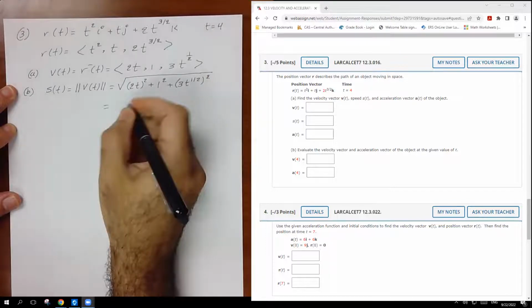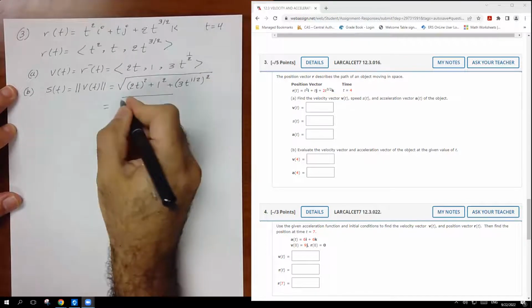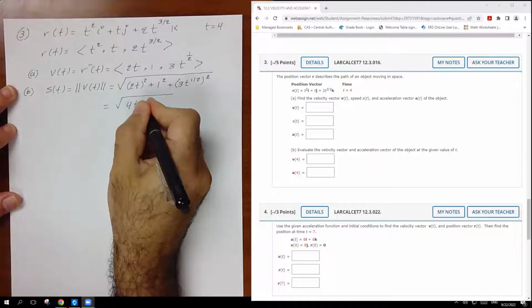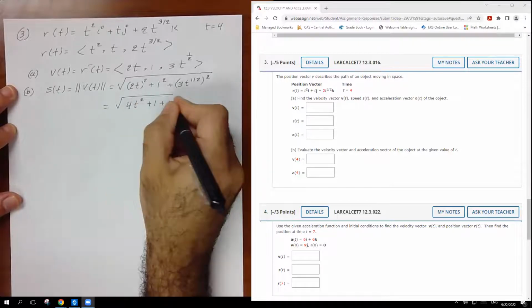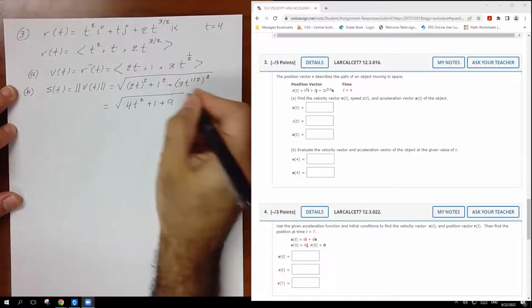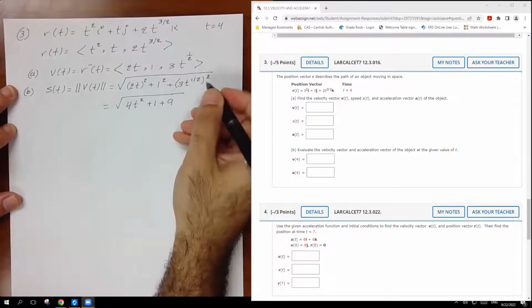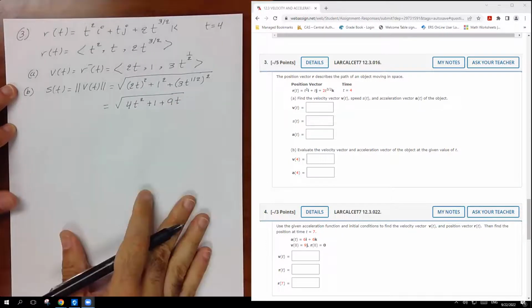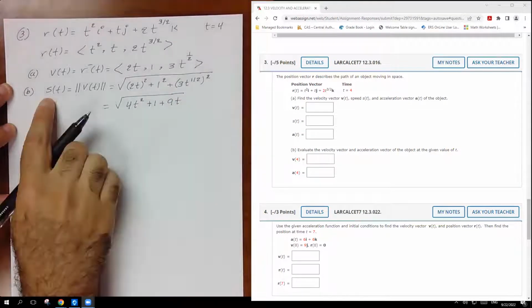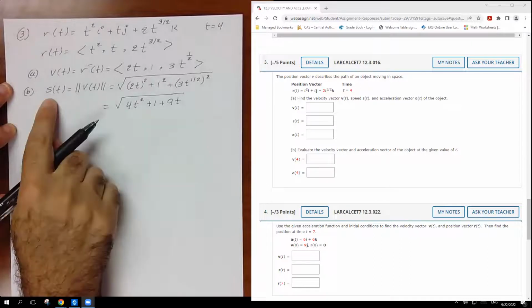So this one is going to be the square root of 4t squared plus 1 plus 9t, this one squared, so it's going to be just t. So that's it. This is the length, or the speed, for this position vector.